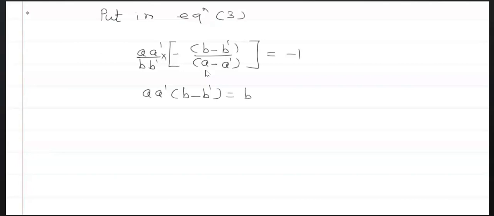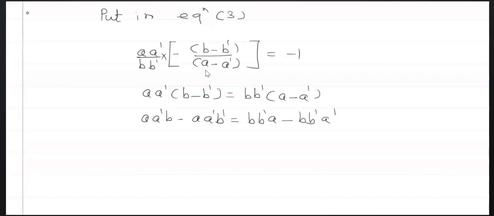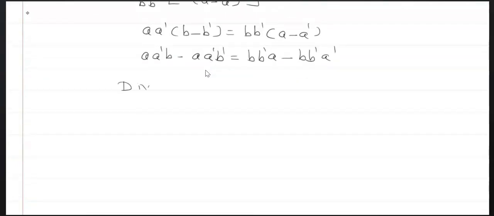Therefore a dash in bracket b minus b dash is equals to b dash in bracket a minus a dash. Therefore a dash b minus a dash b dash is equal to a b dash minus a dash b dash. Dividing throughout this equation by a dash b dash.